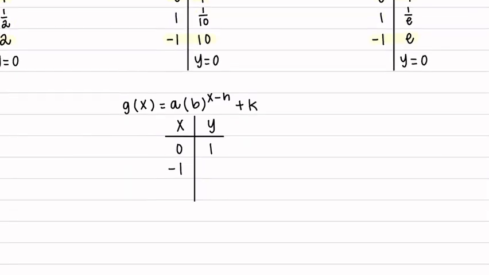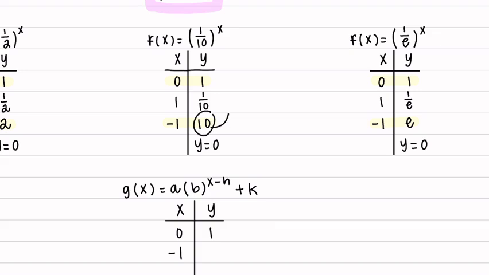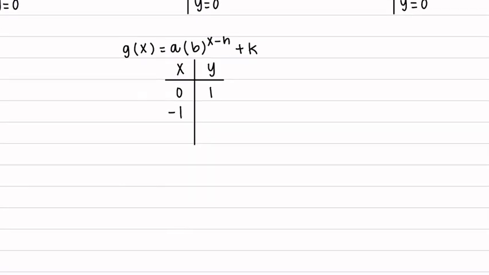And the relationship between this y value and the base was that it was the reciprocal. So in general, it would be the point -1, 1 over b, the reciprocal of b. And then we'll include our horizontal asymptote at y equals 0. So these are our reference points that we'll use when we're dealing with a decay function. And what makes this decay is that the base, the b value, is between 0 and 1.